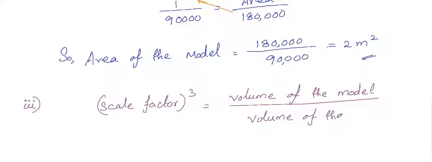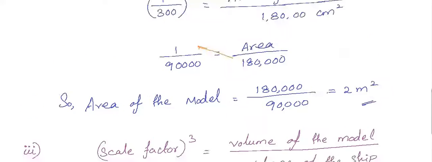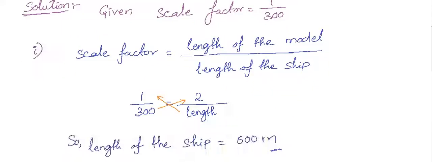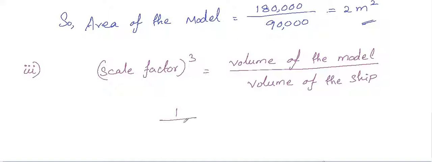So volume of the model is given, which is 6.5 meter cube, and the scale factor is 1 by 300. So 1 by 300 whole cube equals 6.5 meter cube divided by the volume of the ship.